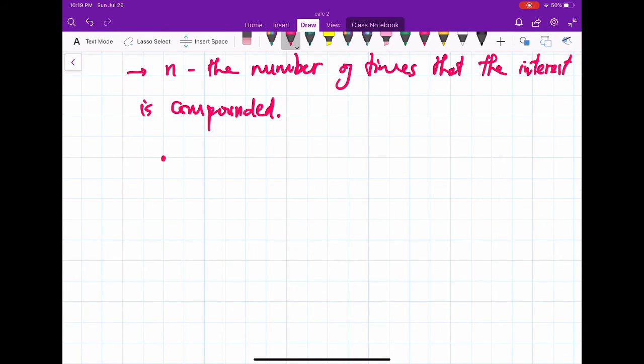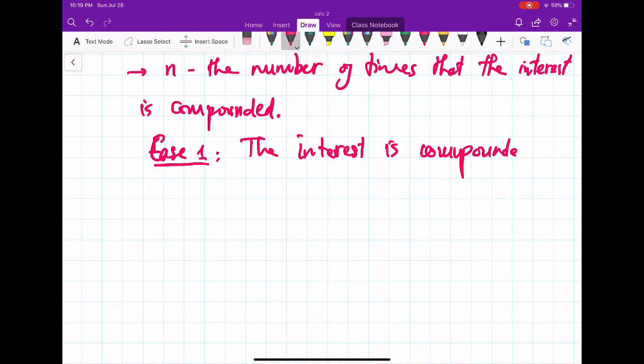So now we have P, right? Let's consider the simple case, just one time. That means the interest is compounded annually, okay? Let's consider this case, case one. The interest is compounded annually. All right, so what does it mean?